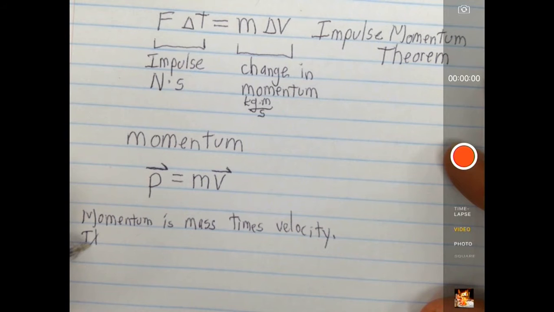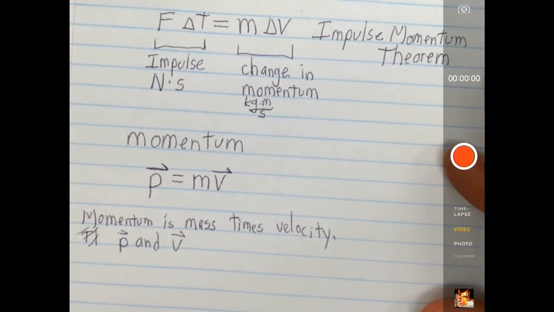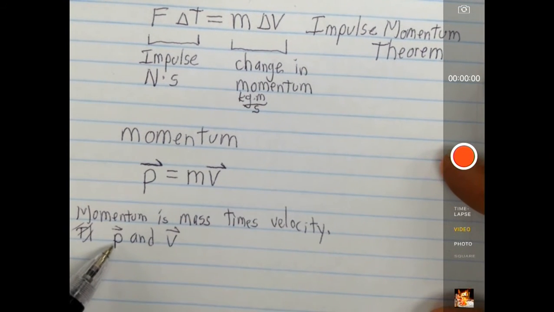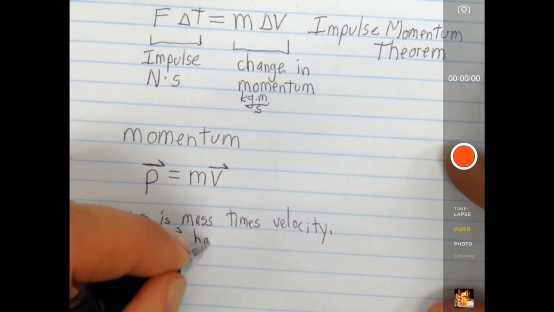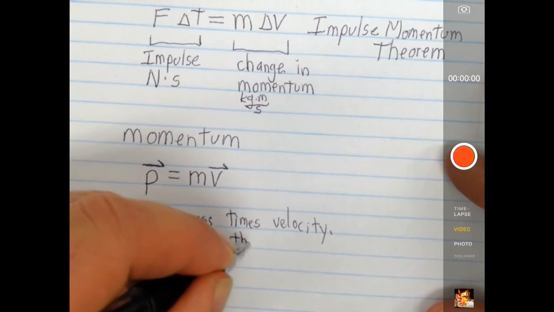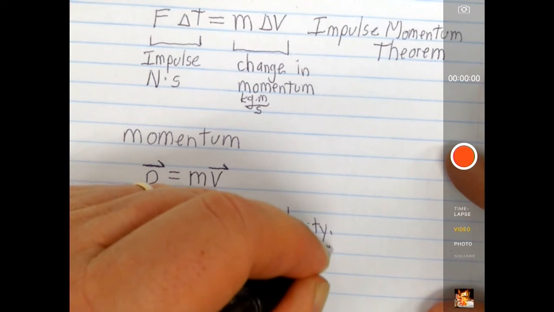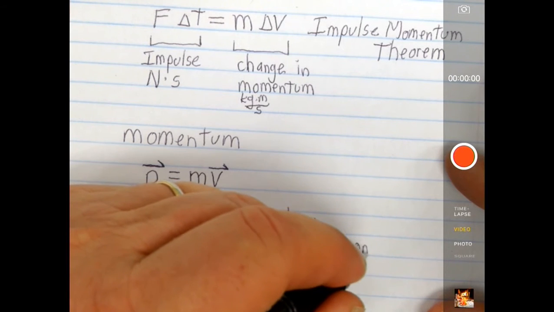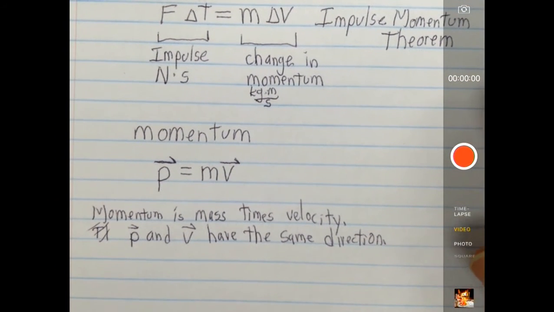Let's just write it this way. P and V, so momentum and velocity have the same direction.